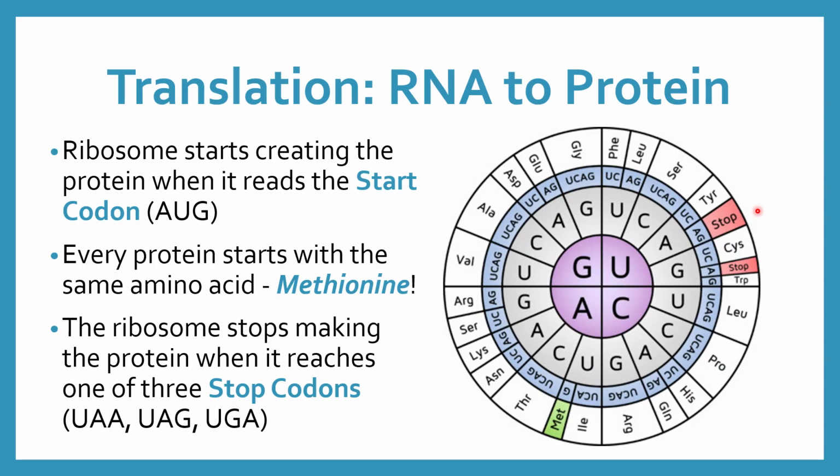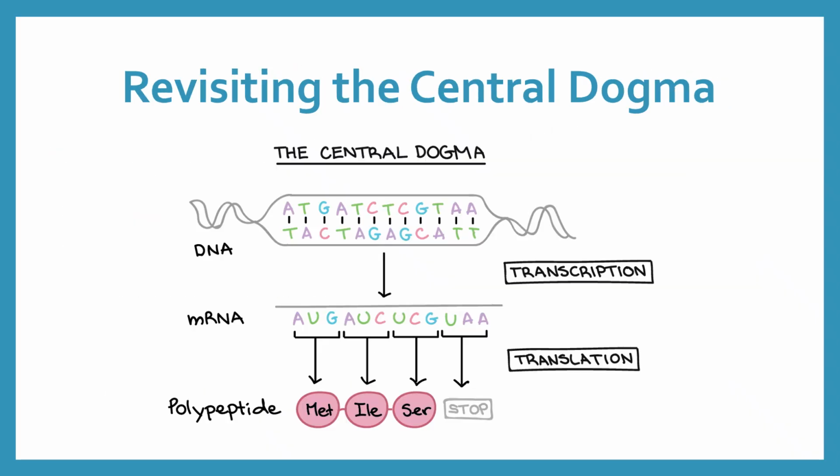And when the ribosome tries to create a peptide bond, it will fail. And when that happens, the ribosome will break apart from the mRNA and the whole process stops. So we start with the start codon, AUG, that corresponds to the amino acid methionine, and we stop when we reach one of the 3 stop codons, and there's no amino acid that corresponds to those.